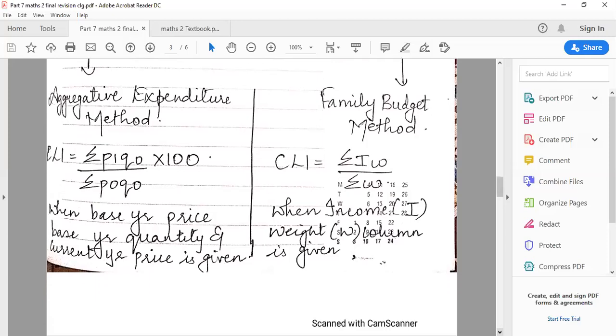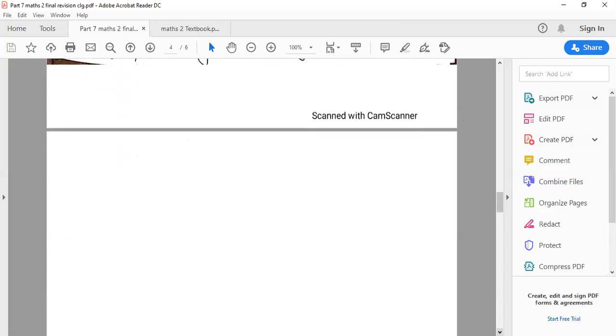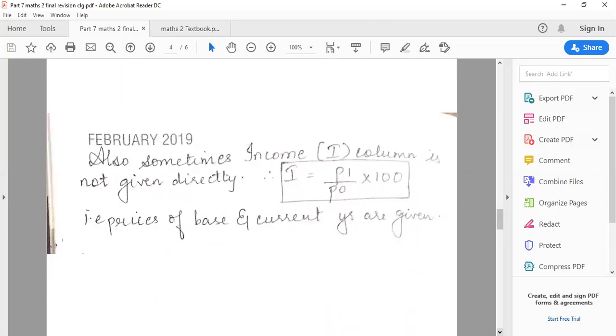Now, in aggregative expenditure method, you have to remember, if 2 price columns and one quantity column are given, then you have to use the aggregative method. Otherwise, if you have the columns of I and W ready-made, you can use family budget method. Now, sometimes the column of I is not given directly.